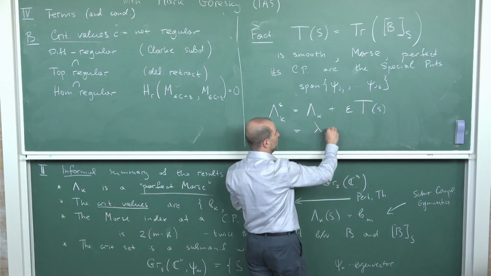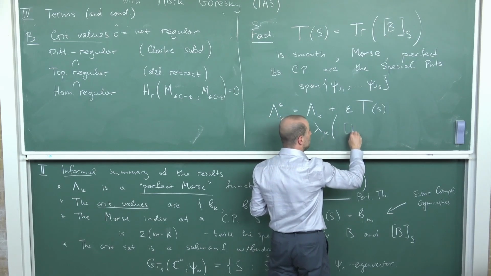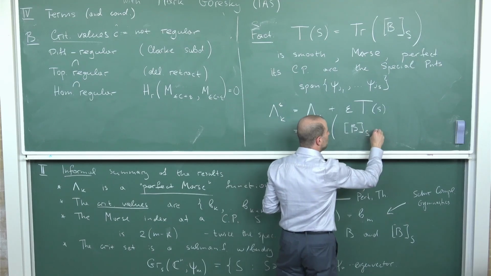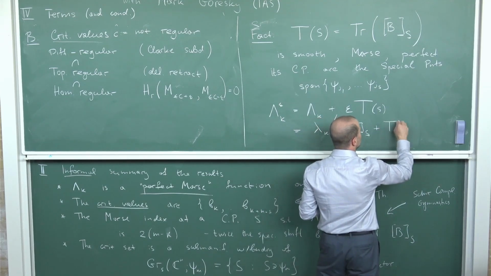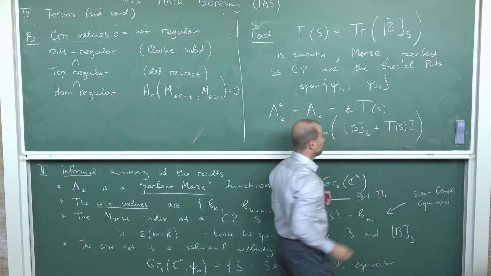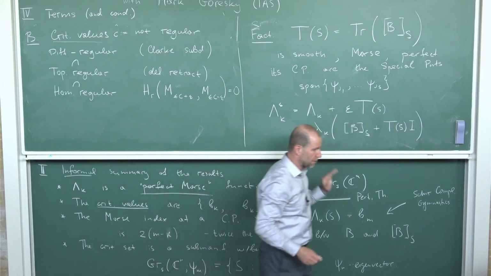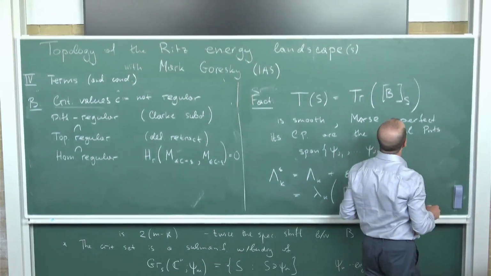We can also write this, maybe a little bit artificially, as the kth eigenvalue of my matrix plus this function Ts multiplying the identity matrix. I want it to be an eigenvalue of some matrix family.